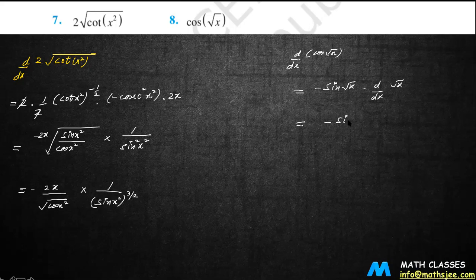Minus sine root x into 1 by 2 root x. So this will be minus sine root x divided by 2 root x. This will be the answer for this. So now I hope this becomes comparatively simpler and easier. Now we will be able to solve the questions.